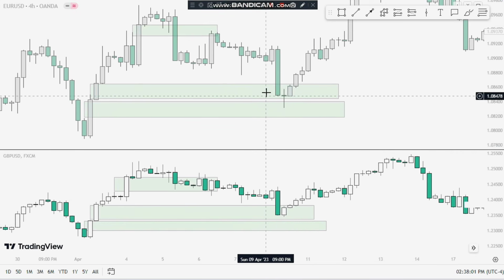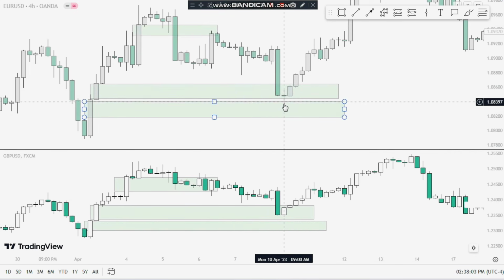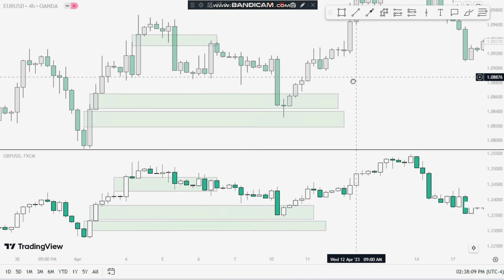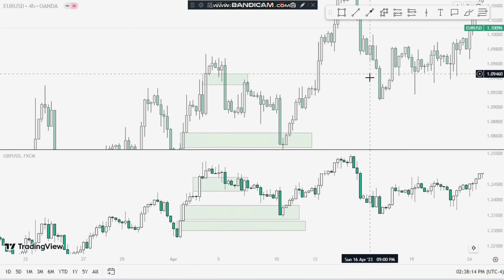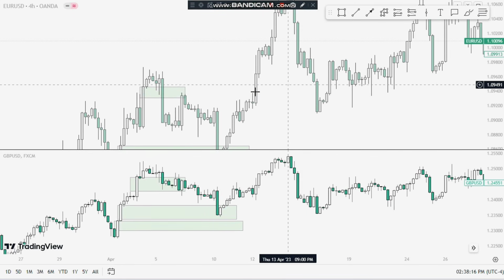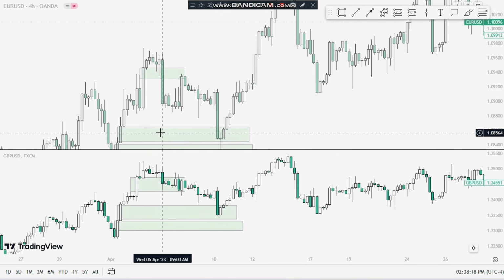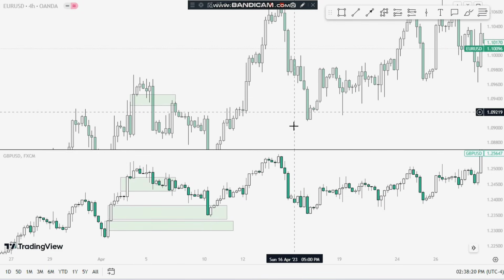So it means that the price has just come down to take some stop losses, to take some liquidity, and it will go up, and you can see how quickly it pumps from here. Okay, so now you know that in bullish cases which fair value gaps are the most valid fair value gaps.